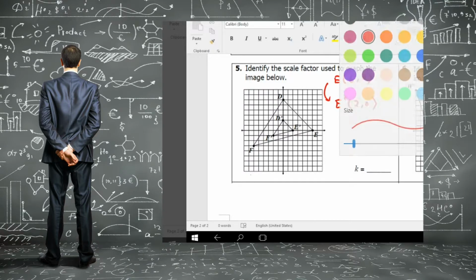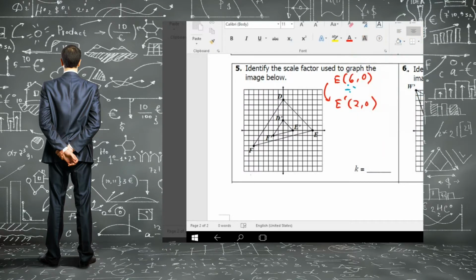So if I divide by 3, 6 divided by 3 is 2, and 0 divided by 3 is still 0. So if we're dividing by 3, then what is our scale factor? Our scale factor would be k equals 1/3. But let's just make sure we didn't make an error here.